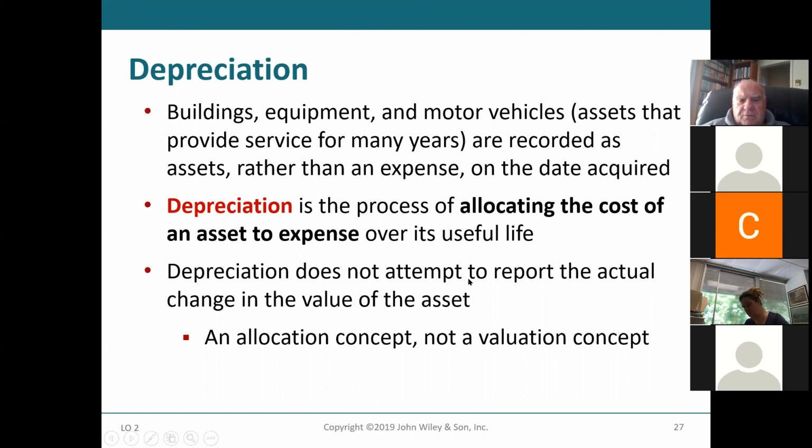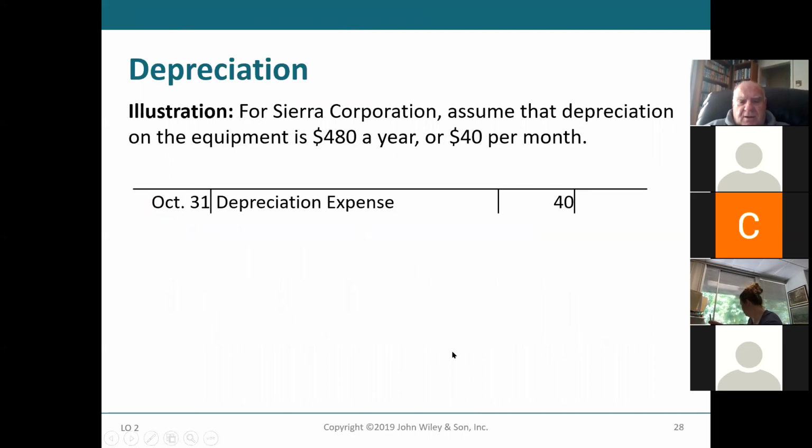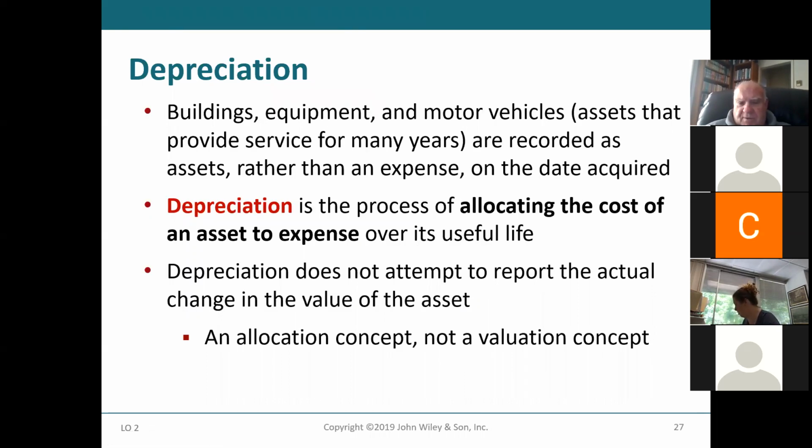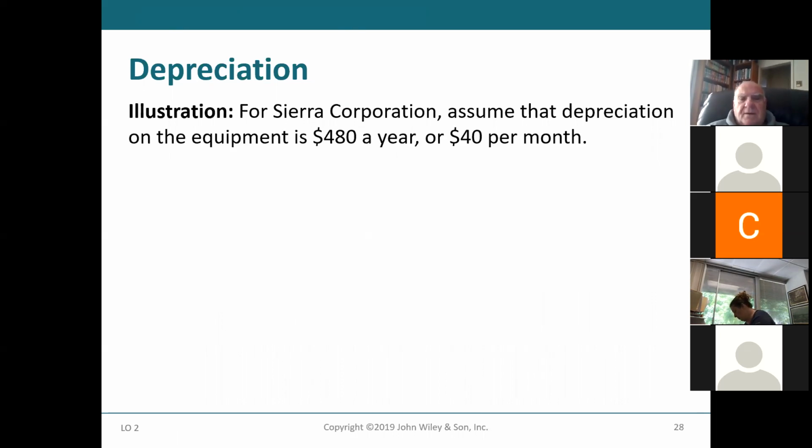Depreciation does not attempt to report the actual change in value. It has nothing to do with what the machine is really worth. It is an allocation concept, not a valuation. And that last sentence there, allocation concept, that pops up on the test once in a while. They ask a true-false question. Let's talk about depreciation.